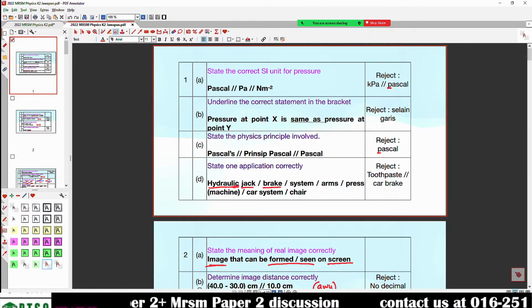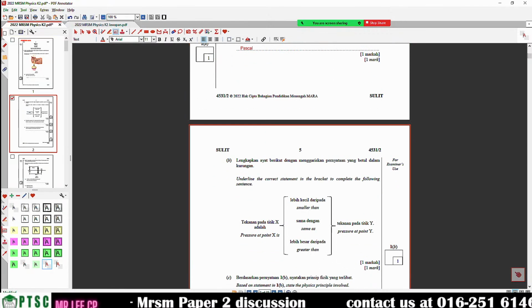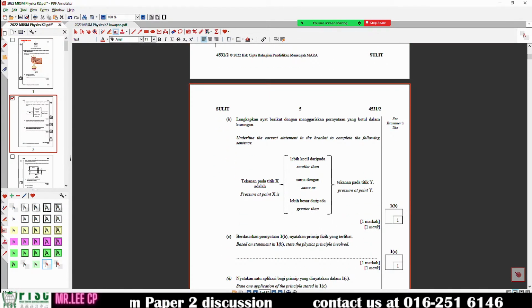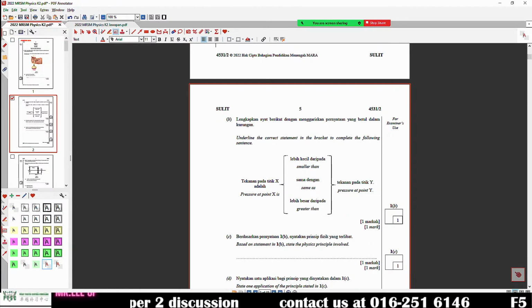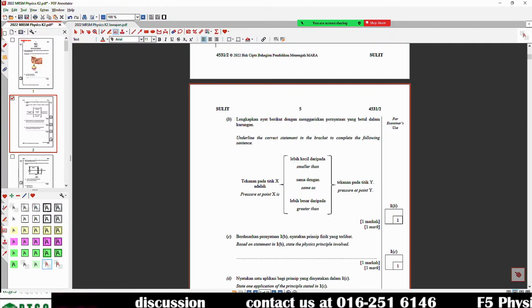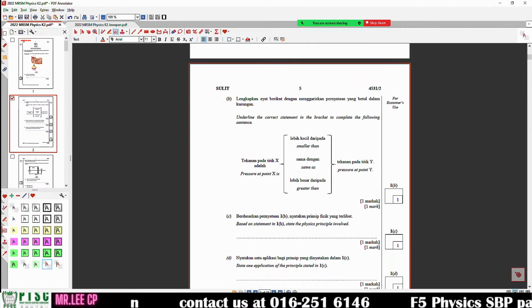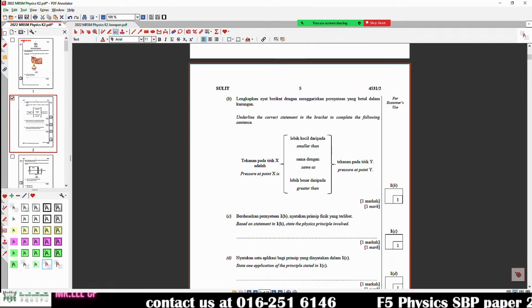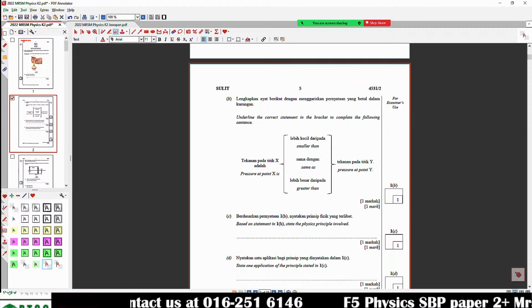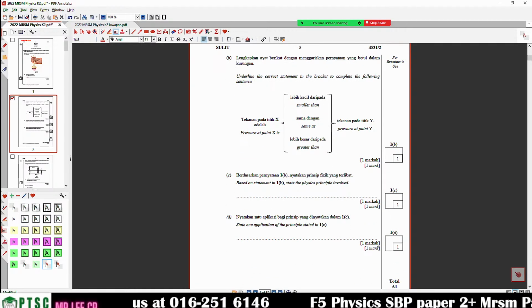Other equal, wrong. Same as. Here you got underline. Mean other will be okay. I'm sorry if you got equal, probably okay. But this one must be same as. Smaller or bigger than cannot. Alright.